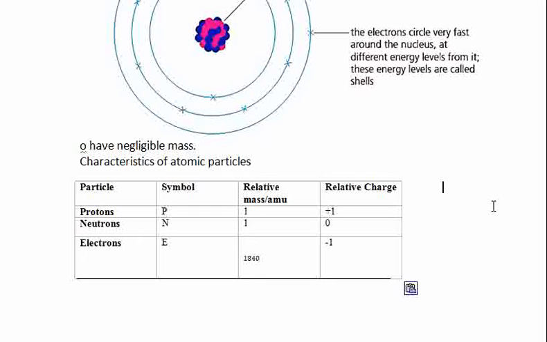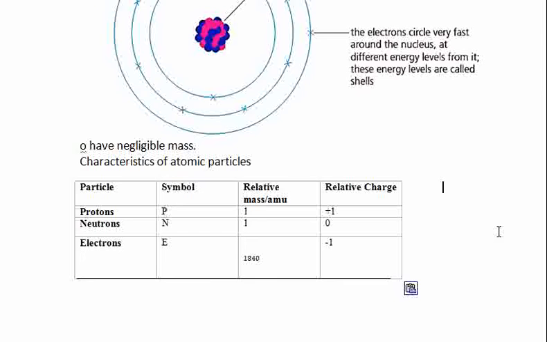We have particle, symbol, relative mass or atomic mass unit, and relative charge. We have a particle which is the proton. Its symbol is P, its relative mass or atomic mass unit is 1, and the relative charge is positive 1.